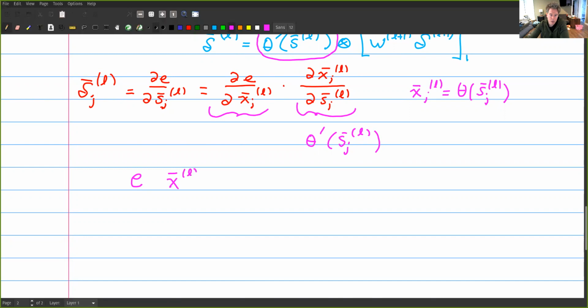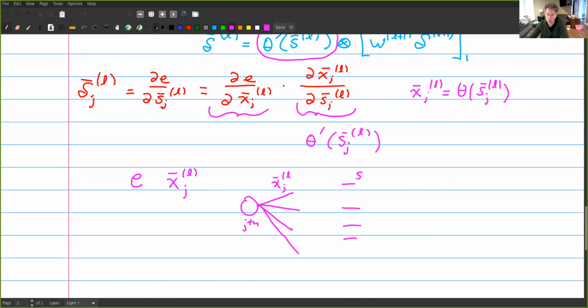What is this? This is the output in layer L from the jth node. So here's the jth node in layer L, and then all of these copies of XJL go out emanating from this node, and then they get multiplied by their weights, and eventually they affect the inputs to the subsequent layers.